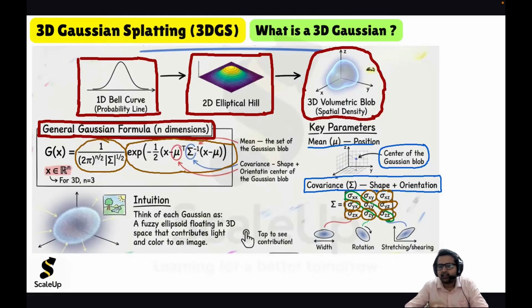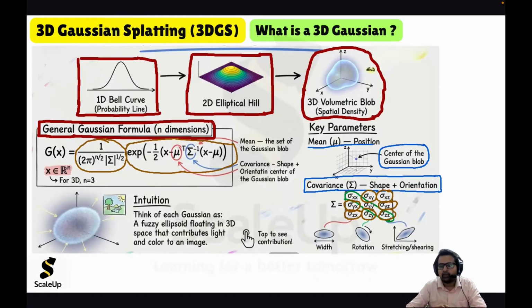So the angles which the 3D Gaussian is making along the principal axes will depend on these correlations. If there is a correlation between certain axes, that will basically tilt the 3D Gaussian accordingly. So these non-diagonal points represent the orientation.